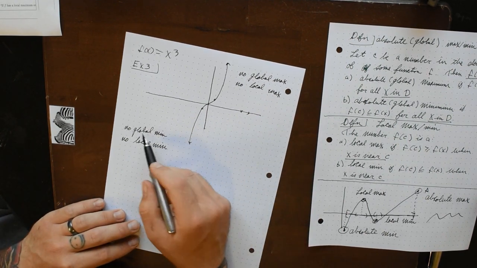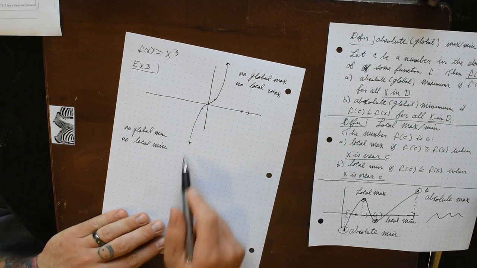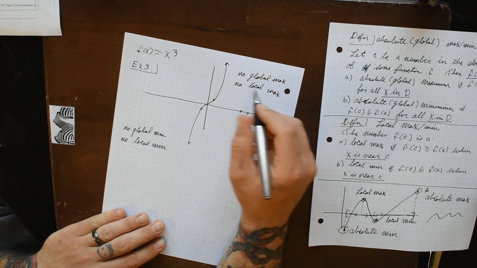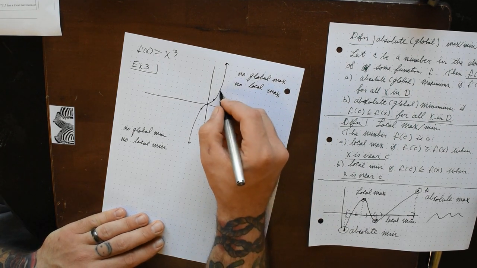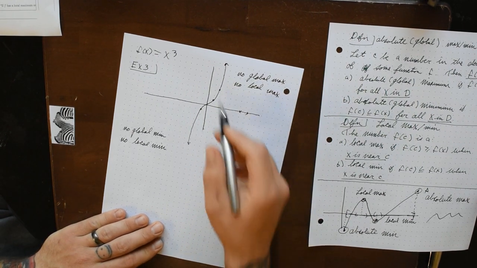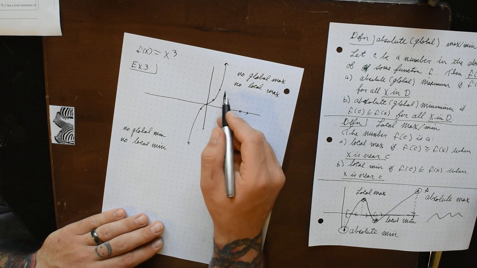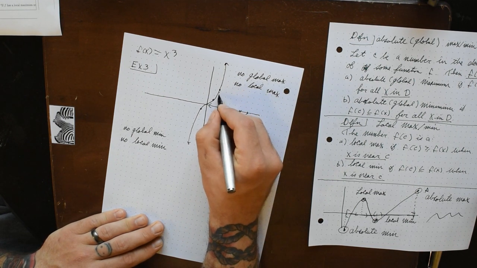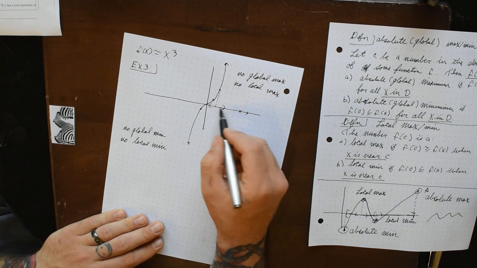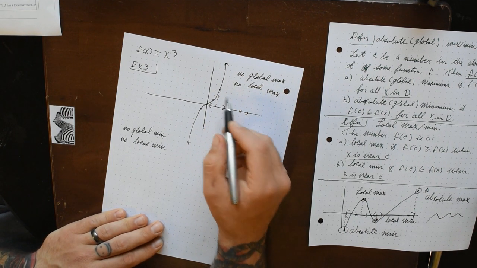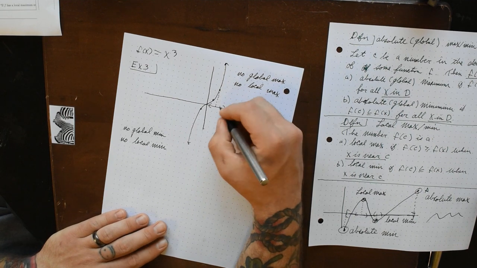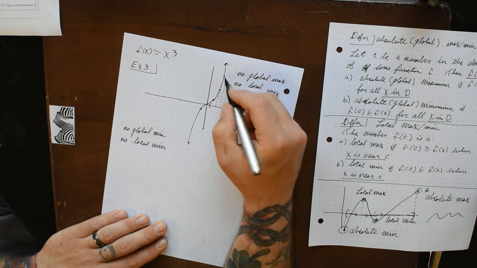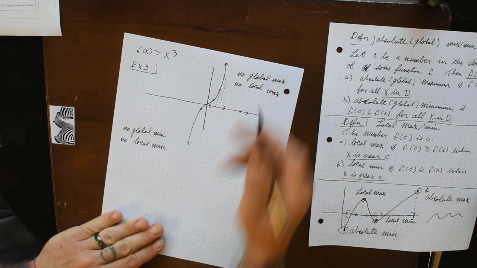We have no global max because there isn't a highest value, and there's no local max because if we say this is the largest y value, if this were a local max, then we should be able to construct an open interval around this value of x, where there's no other values of x that go to a larger point. And you go, well yeah, if we pick this point of x in that open interval, clearly it goes to a larger point. I had to bend my line to even make it on the graph.